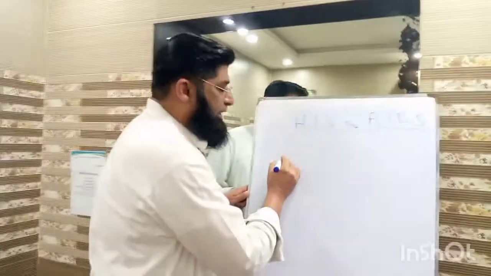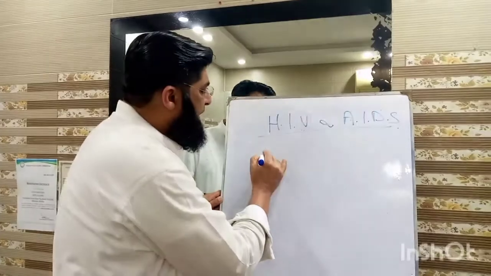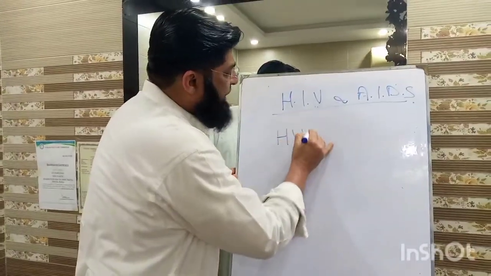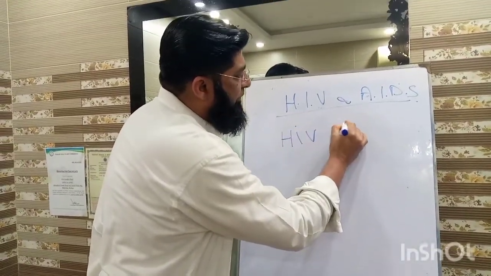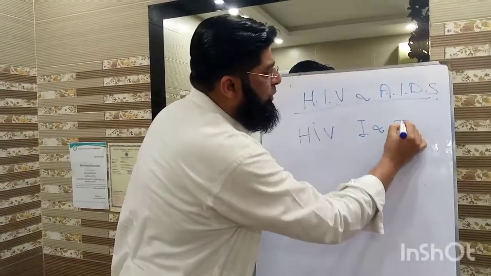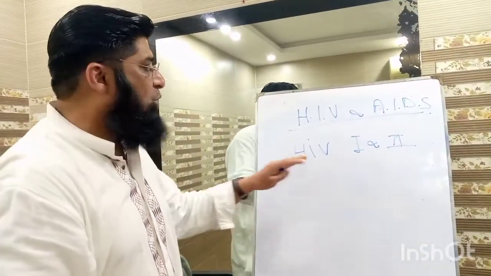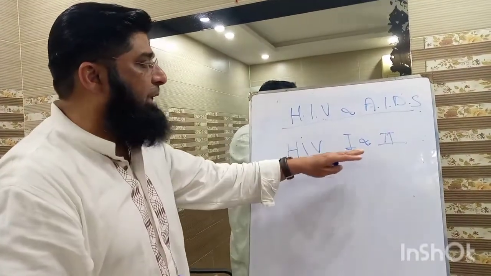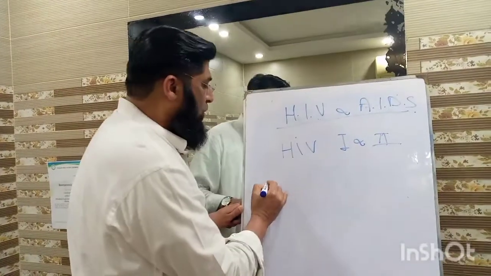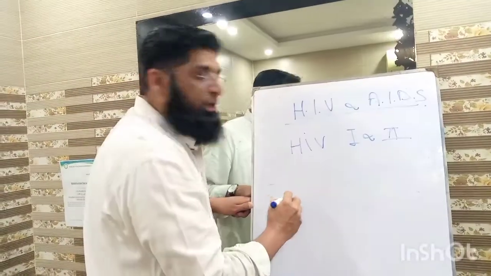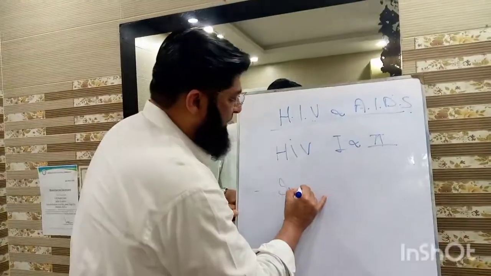Number 1, the causative agent is HIV type 1 and 2 virus. These diseases are caused by HIV type 1 and type 2 virus, students. Number 2, both are disorders of the immune system.